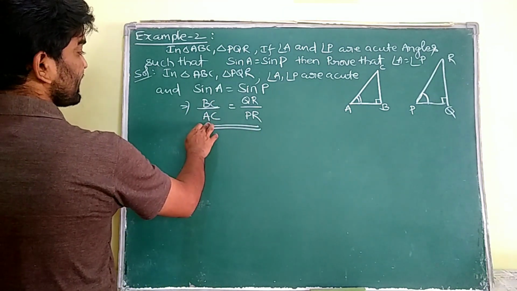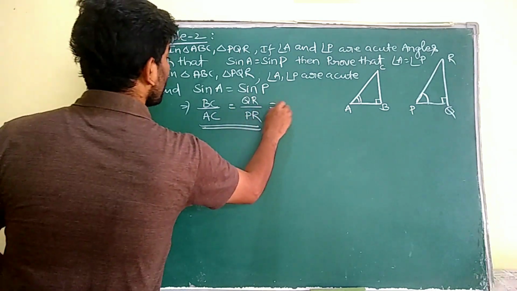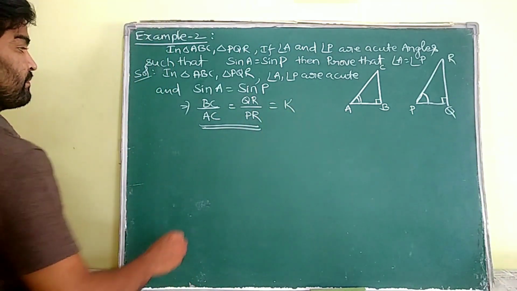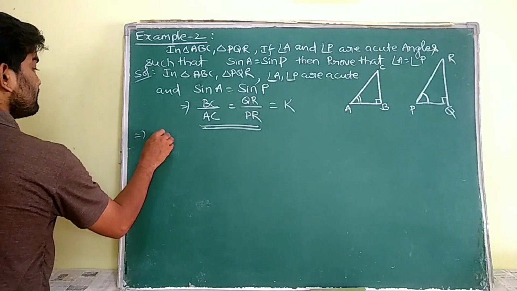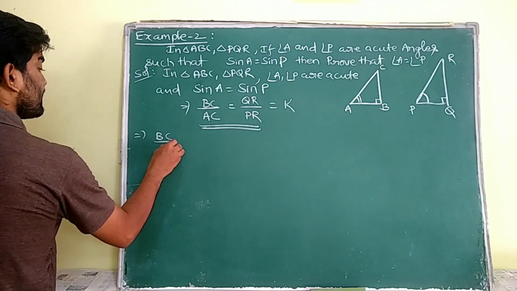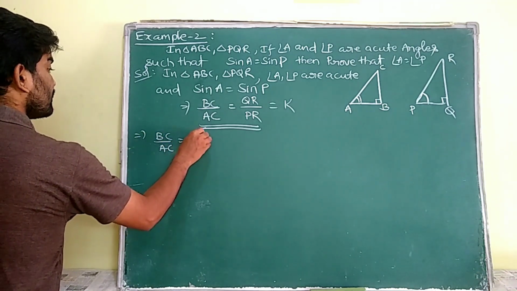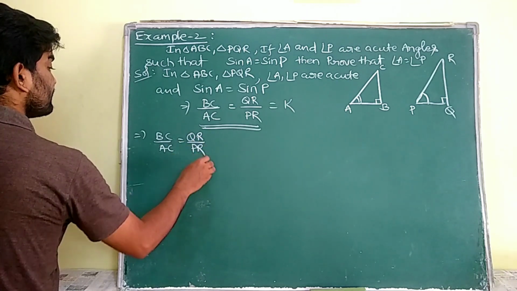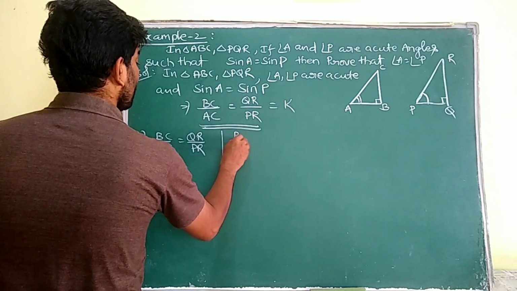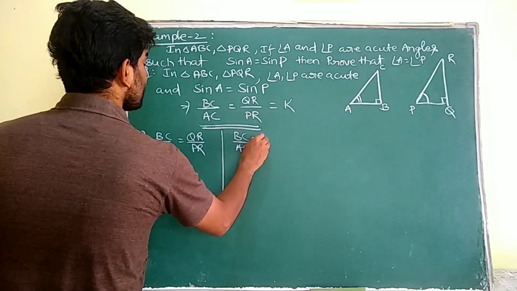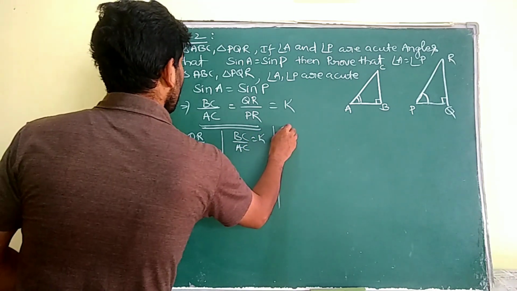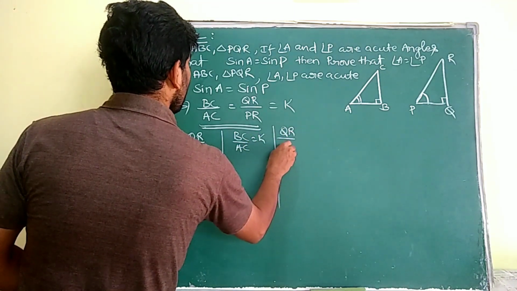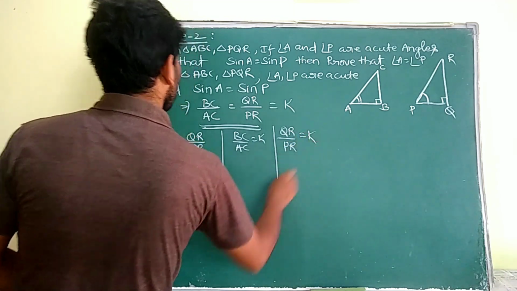Let BC by AC is equal to QR by PR is equal to K. Now see, BC by AC is equal to K, and QR by PR is equal to K.